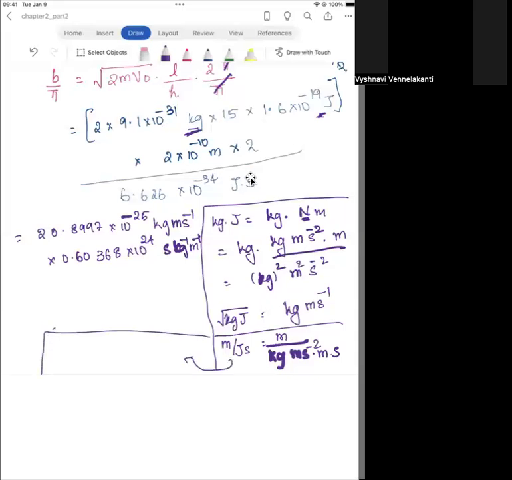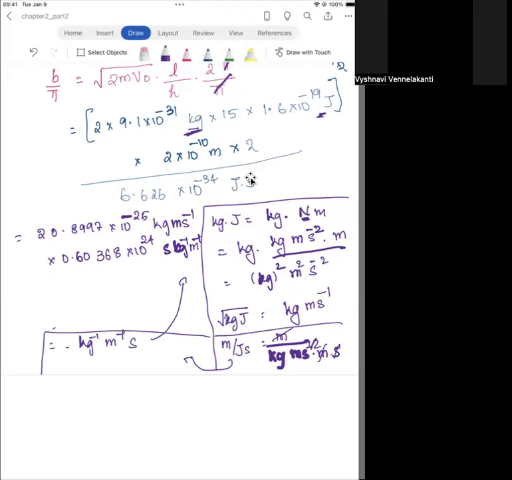Sorry about that. That will be kg inverse, meter inverse, and we have second. Yeah, so that's how I got the unit there.